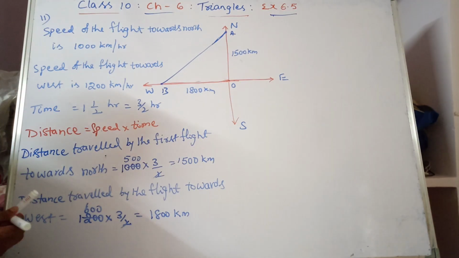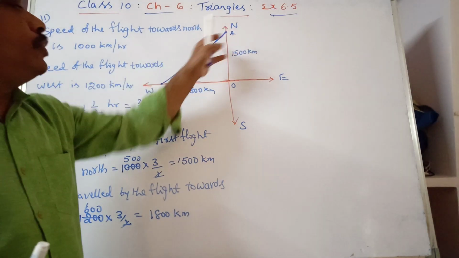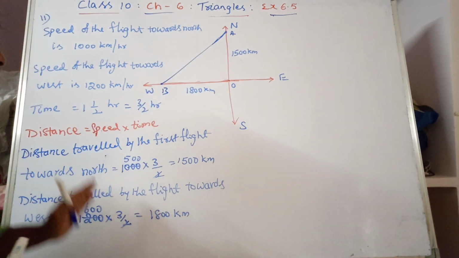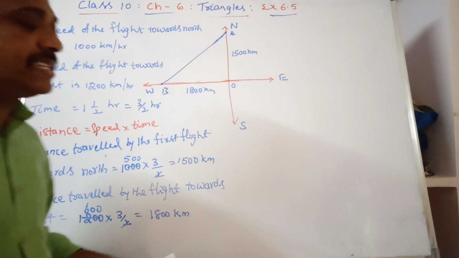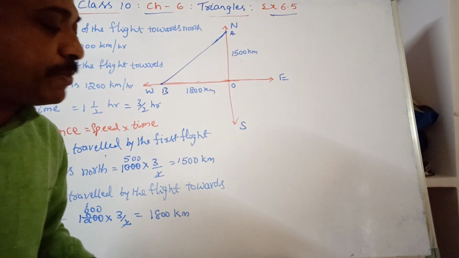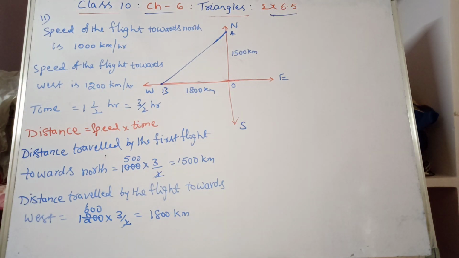Now how far apart will both the flights be after 1.5 hours? We got this distance and we got this distance. Now we use the Pythagoras property in triangle AOB.